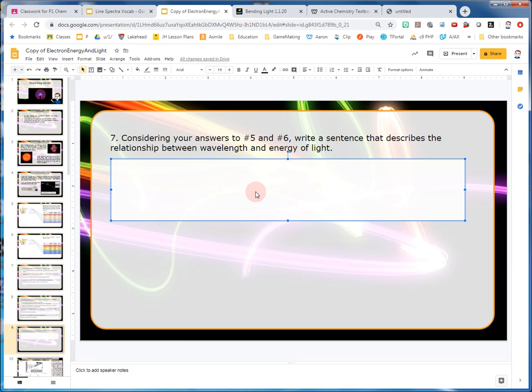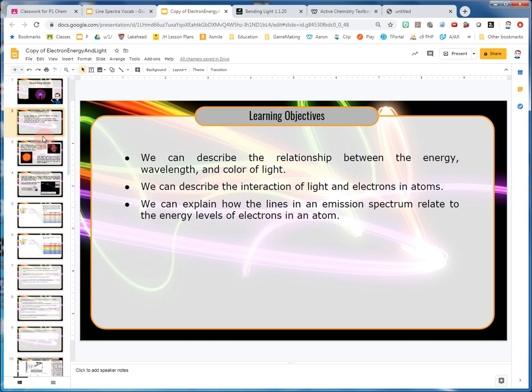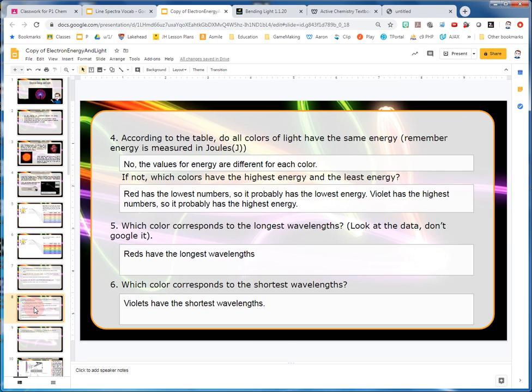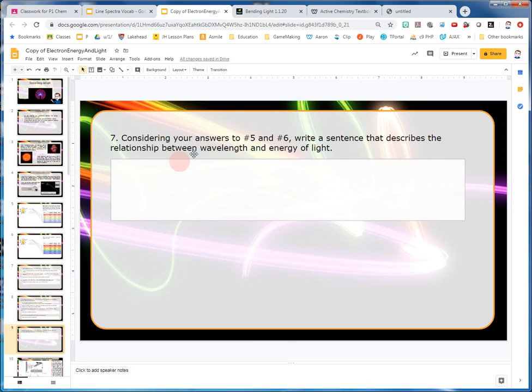One thing you could do, and I'm just pointing this out, you can always come back up here to these objectives and see if there's anything that looks important here and might help you with your answers. Energy, wavelength. Actually, I don't think that's very helpful, so never mind.